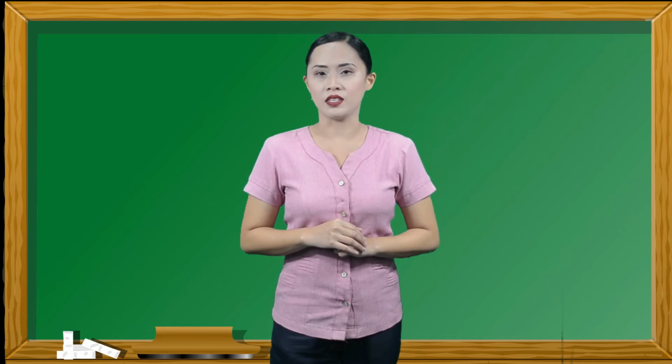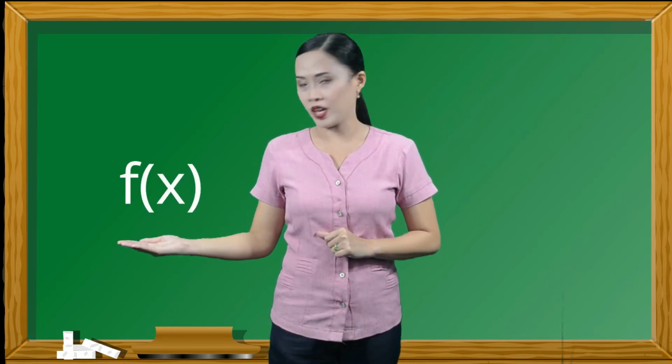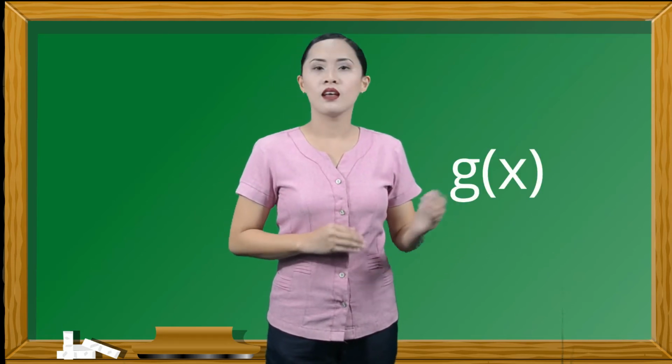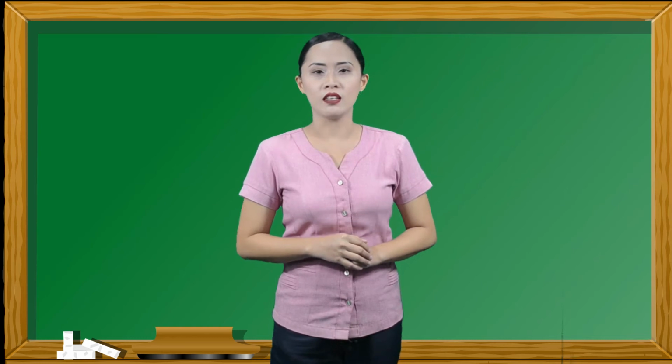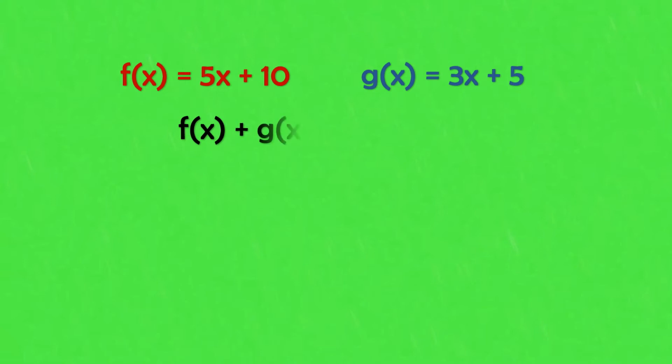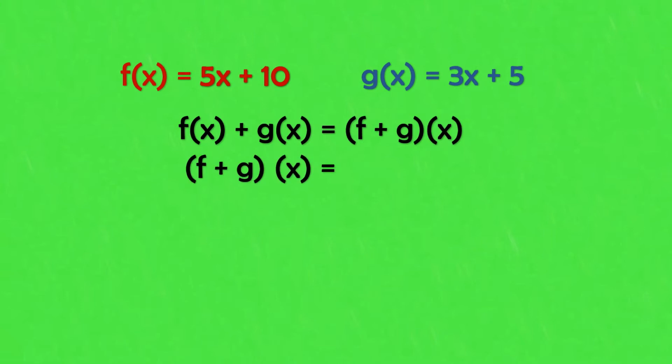If Nea's savings is represented by f of x and Neo's is g of x, following addition of functions, we have f of x plus g of x equals f plus g of x. So we have quantity f plus g of x equals the function of x, which is 5x plus 10, plus g of x, which is 3x plus 5.